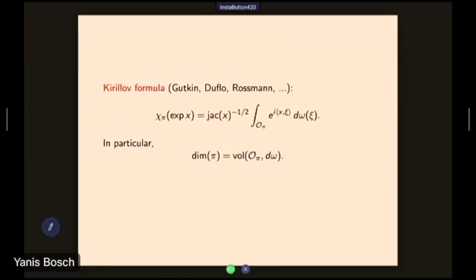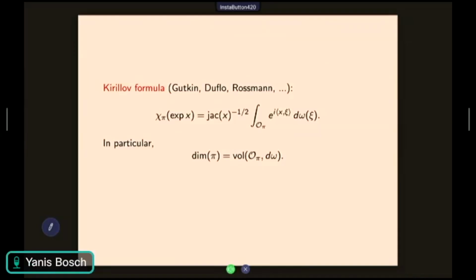So an example of something you like to do with representations is form characters. If we have a representation pi, we can form its character chi_pi, which is the trace of the action of the representation. And there's a formula established in various settings that says that the character of a representation can be read off, up to some simple Jacobian factor, as a Fourier transform of a certain natural measure on the coadjoint orbit.